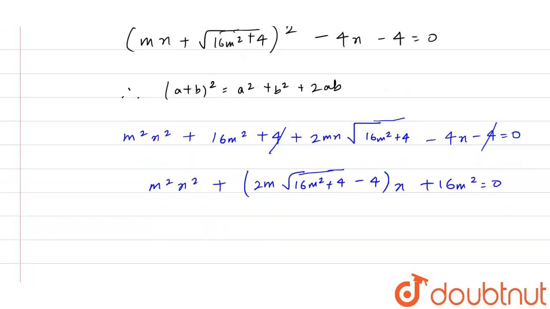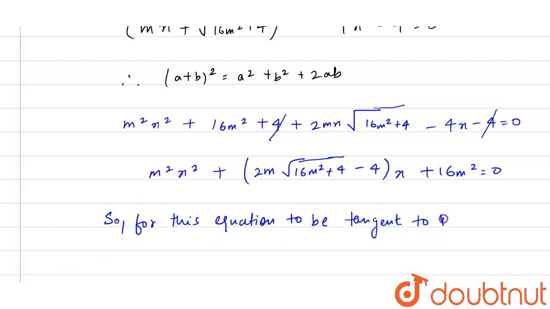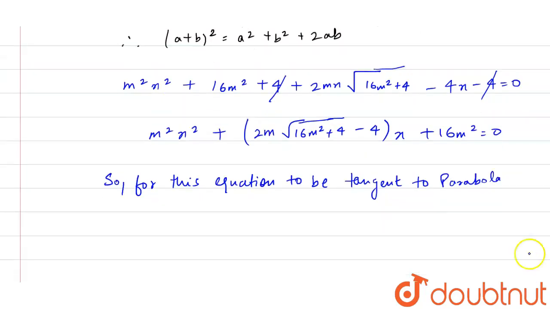For this equation to be tangent to the parabola, the value of D should be equal to 0.